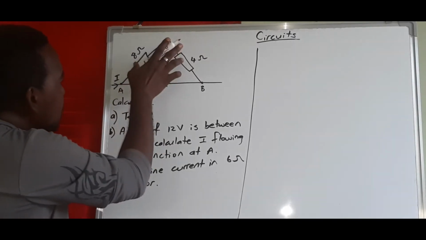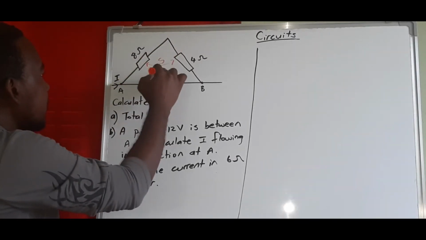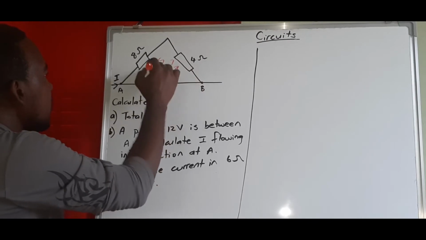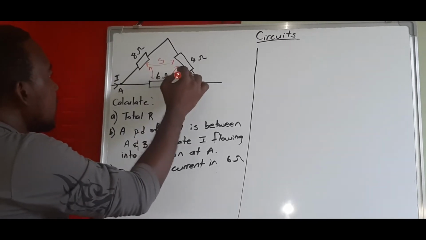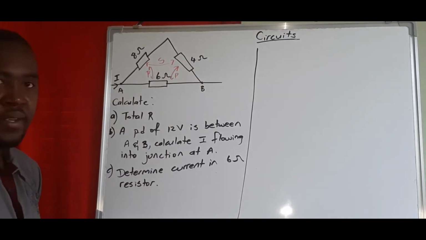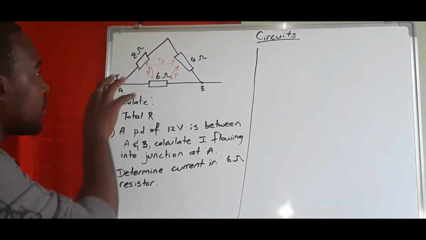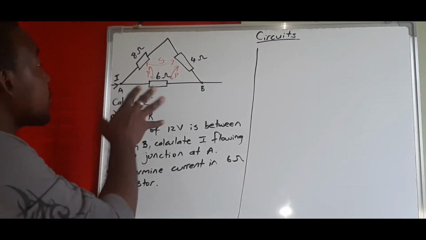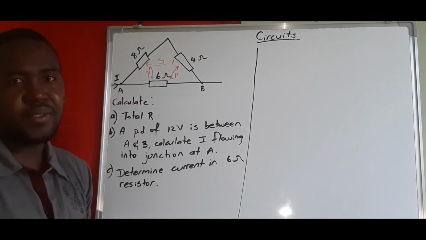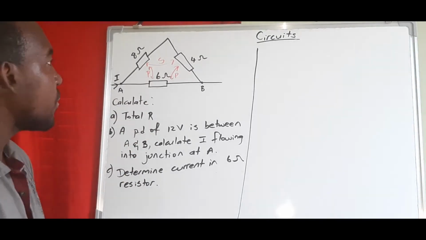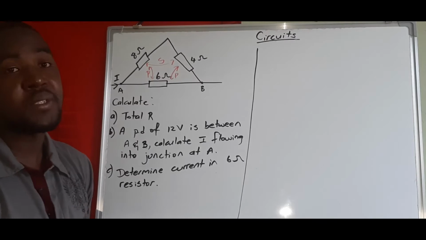And these two are in parallel to the 6, alright? So because we have two types of circuit in just this one arrangement, we call it a series parallel circuit.